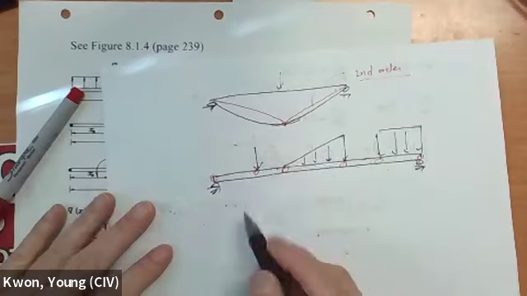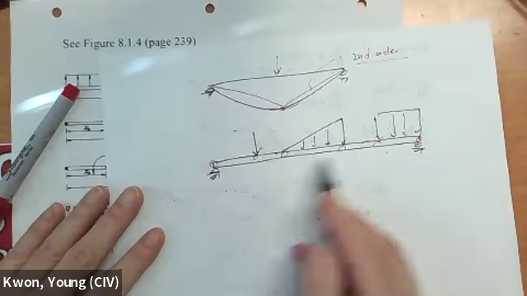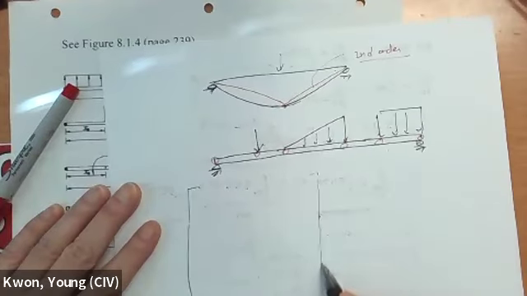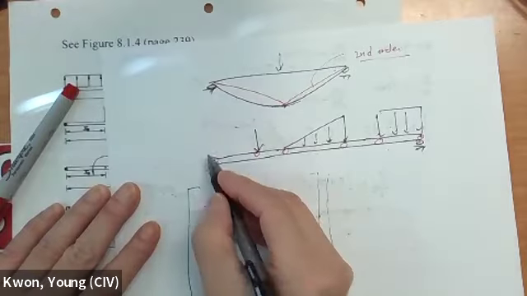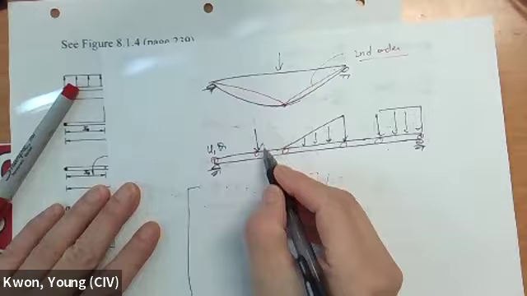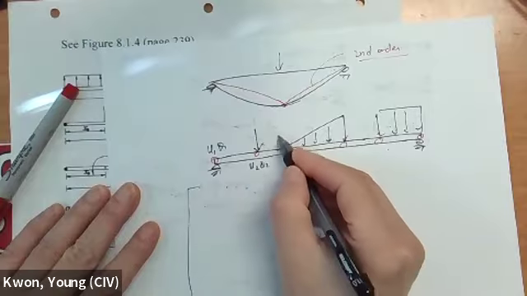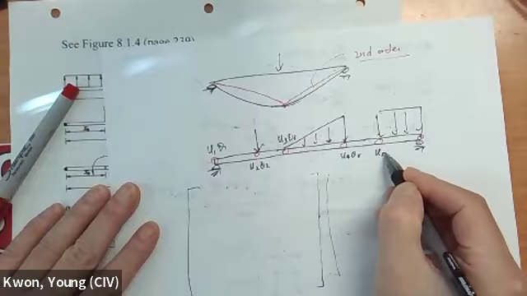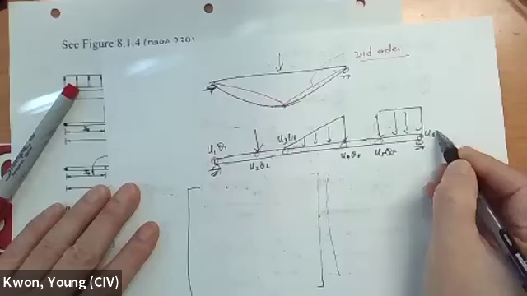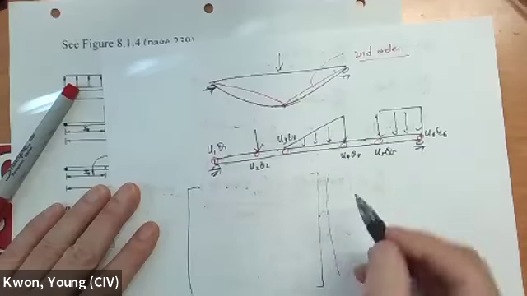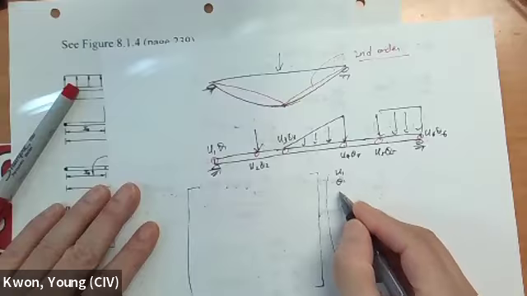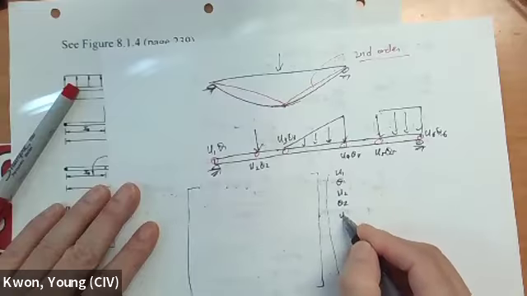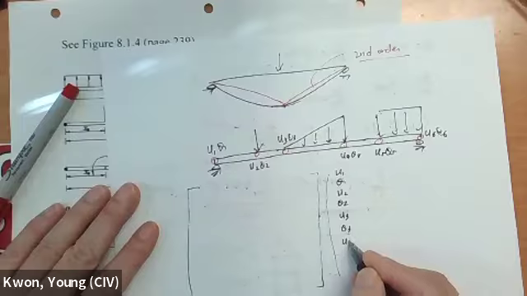Then, if you construct a matrix, this is going to be U1, theta 1, U2, theta 2, U3, theta 3, U4, theta 4, U5, theta 5, U6, theta 6.